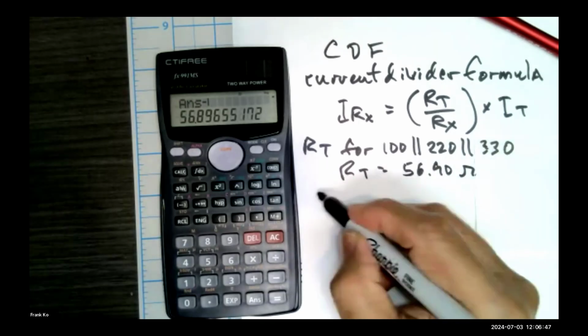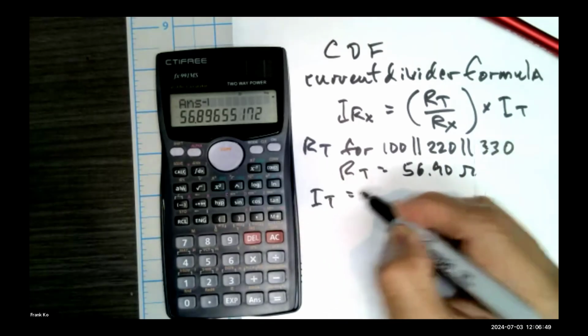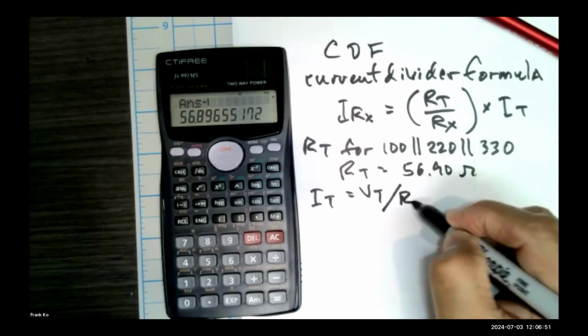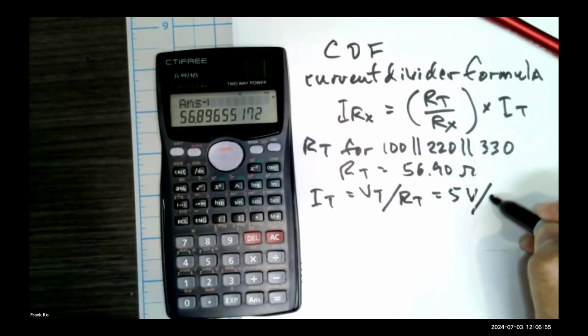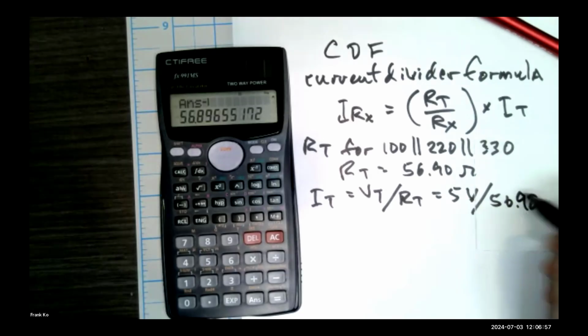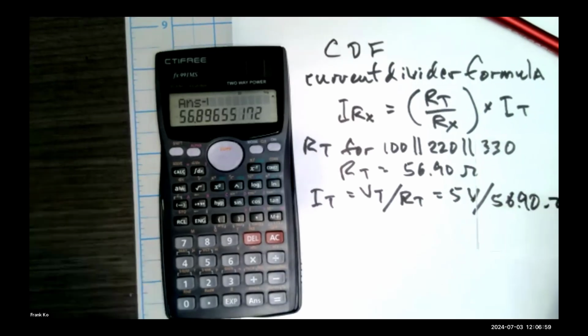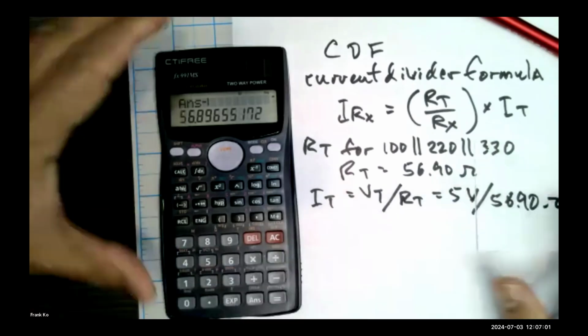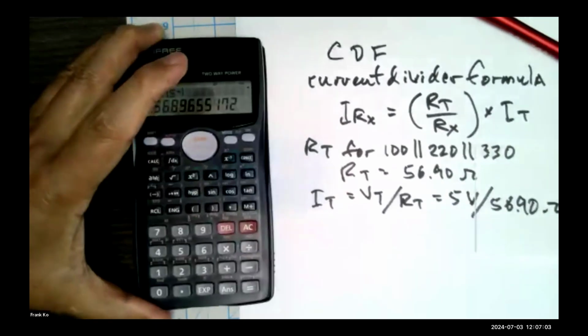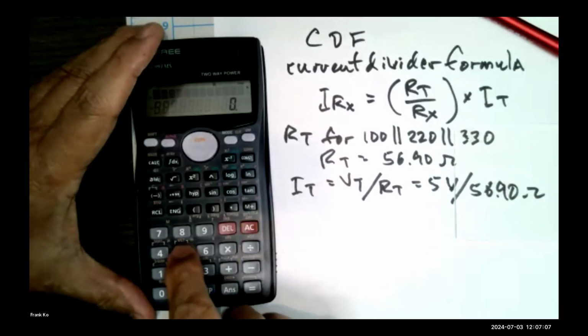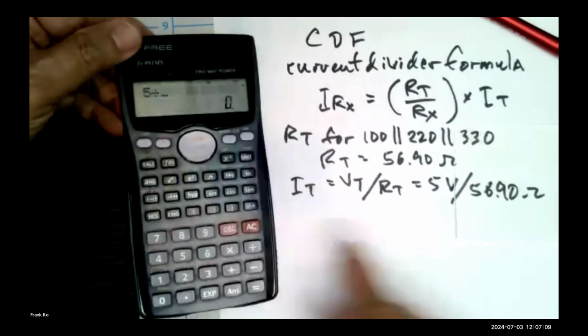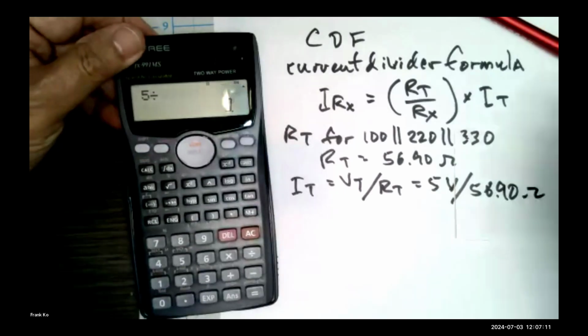56.90 ohms. My I total is equal to V total over R total, which is equal to 5 volts over my 56.9 ohms. And so this works out to be, let's go ahead and move this over a little bit here. Clear. 5 divided by 56.9, yes?